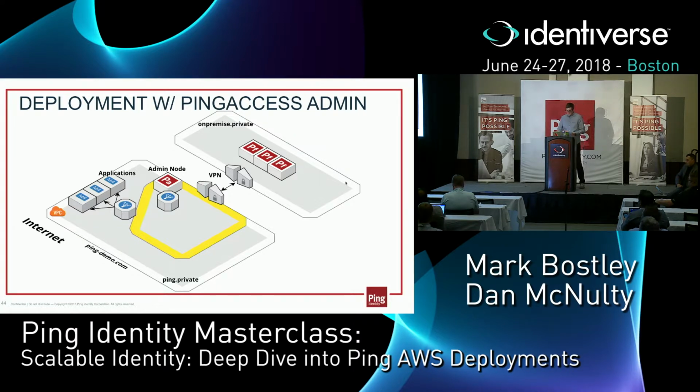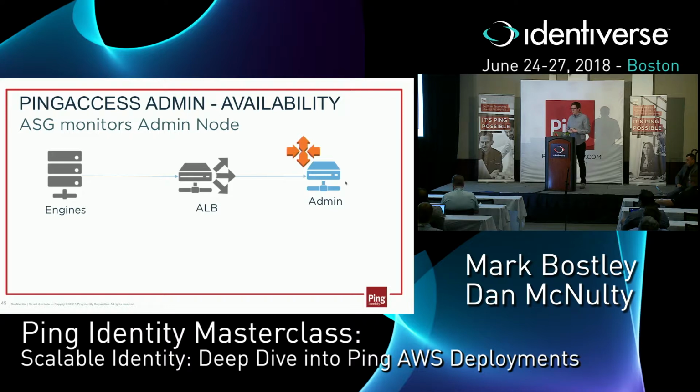So let's now dig into a few details related to the admin and what's interesting about it. You might notice that there's only one admin, and you might think that's a single point of failure. The way we work around that is to leverage an auto-scaling group to monitor the admin node. In this scenario, we have PingAccess engines reaching out to the admin to get config.